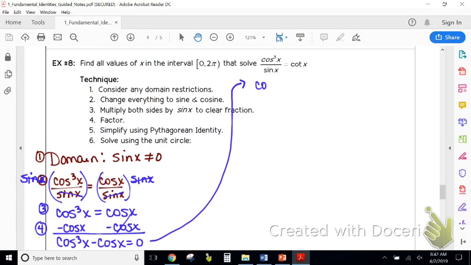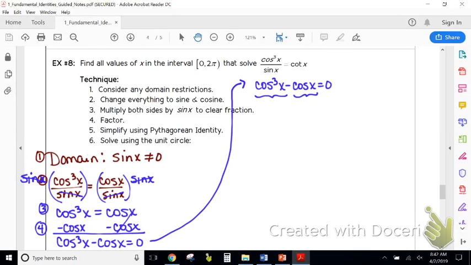So I'm just rewriting that up here. So how can I factor that? What's our first step to factoring? Greatest common factor. So do I have a greatest common factor in these two terms?